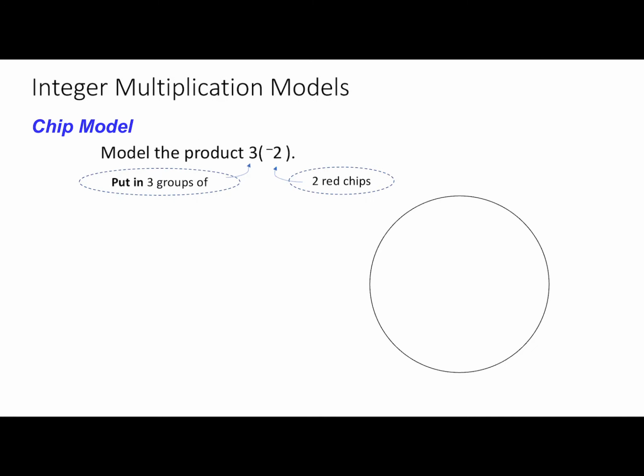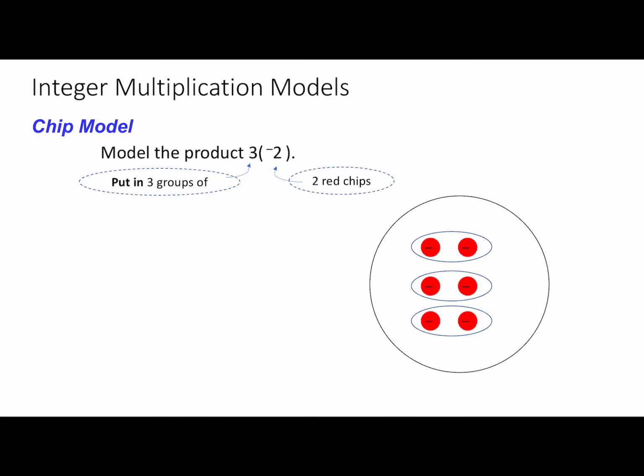We can also model multiplication using a chip model. So let's look at the same product, 3 times negative 2. The first number I'm going to interpret as "put in," because it's positive, put in 3 groups of, and the second number is going to tell me what I need those groups to look like. So 3 groups of 2 red chips, because I'm looking at negative 2.